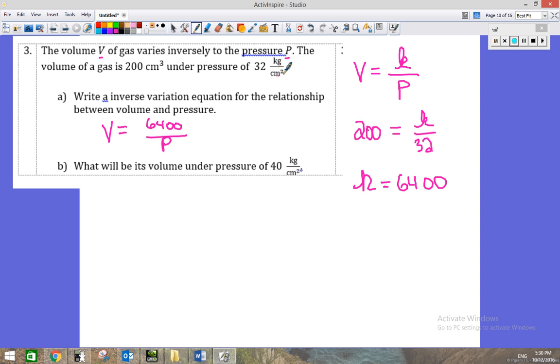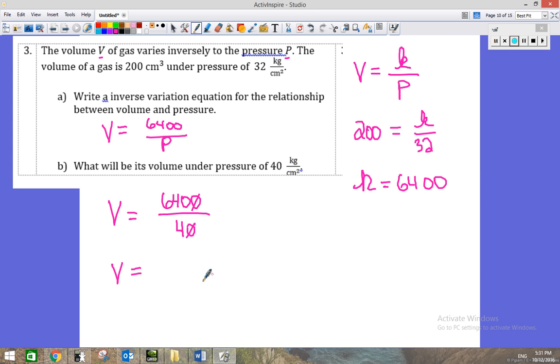Here it's kilograms per square centimeter, here it's kilograms per square centimeter, so all the units are the same. What will the volume be? I want to calculate V. I know the constant remains constant. It's always 6,400, but this P, instead of being 32 kilograms per square centimeter, it's now 40 kilograms per square centimeter.